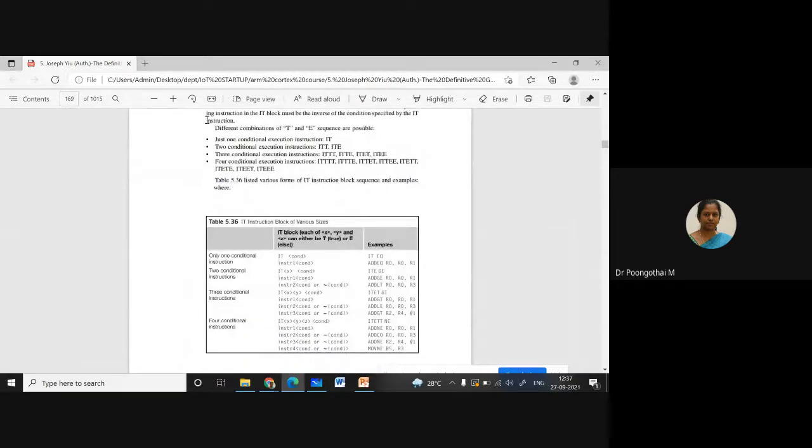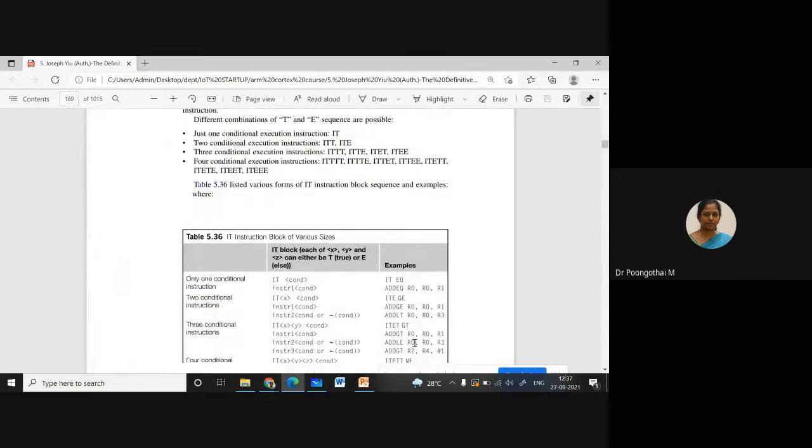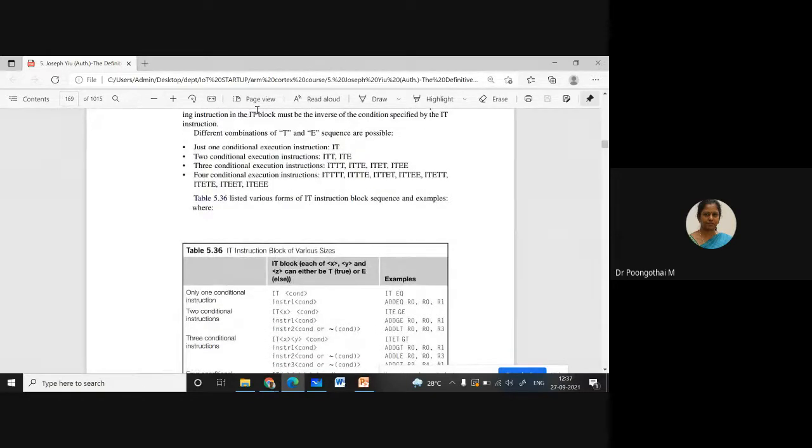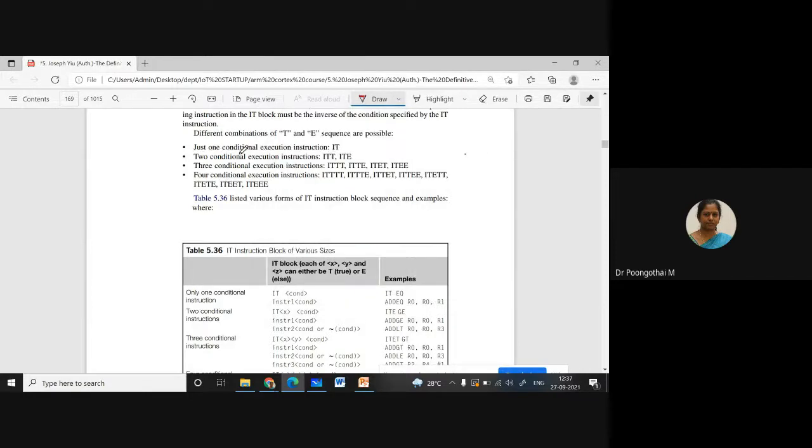So look at this table. For one conditional execution instruction, the syntax is IT. Please note it down. For two conditional execution instructions, we can have ITT, if then, or ITE, if then else.